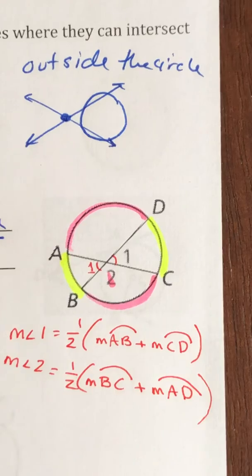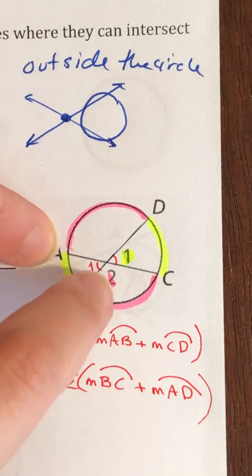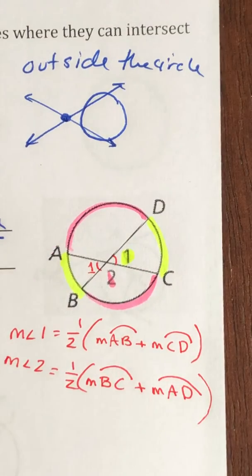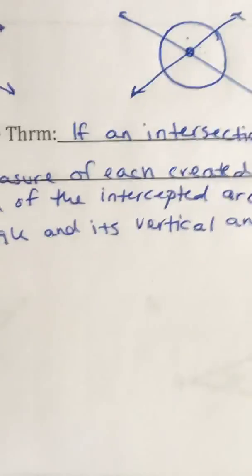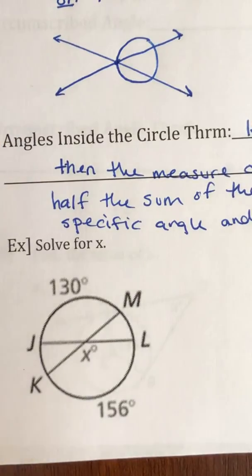That is how we can find angle measures no matter where it's intersecting, as long as it's intersecting inside the circle. You can see this one isn't right in the center, but as long as it's somewhere inside, this theorem will work.